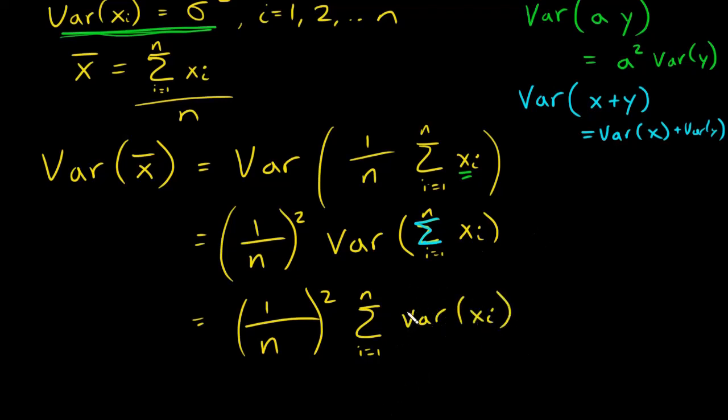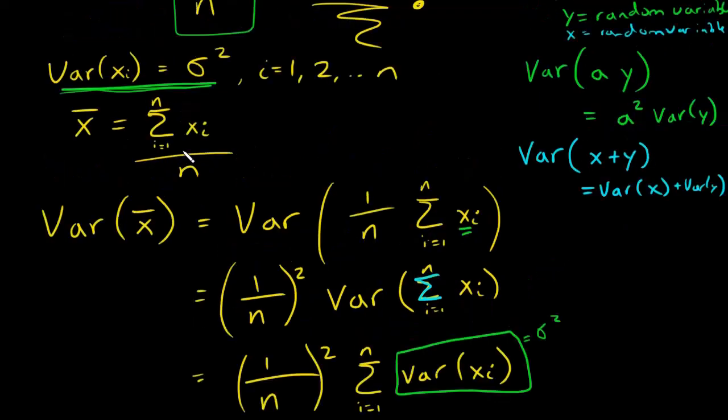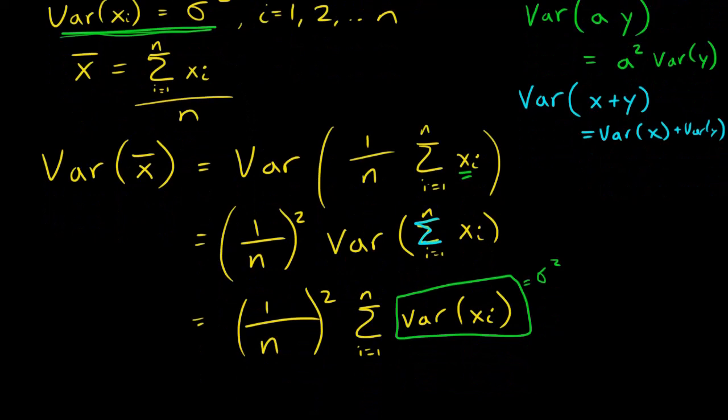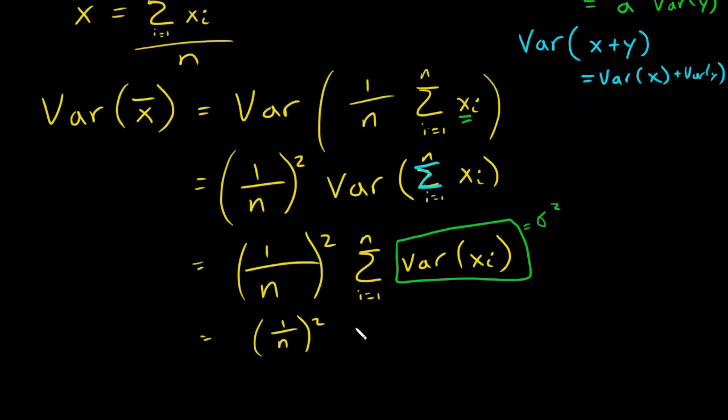Now the variance of xi, I've already discussed, equals sigma squared. That's up here. I've made the assumption that all xi's have the same variance, sigma squared. So let's plug that in. I have 1 over n squared times the sum from i equals 1 to n of sigma squared.